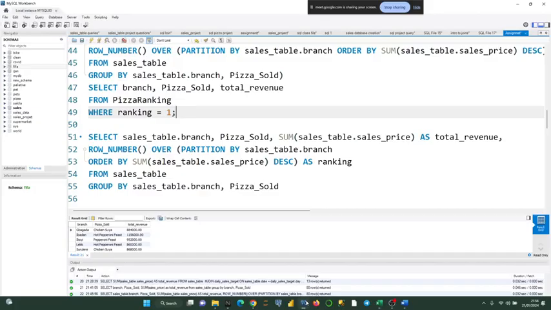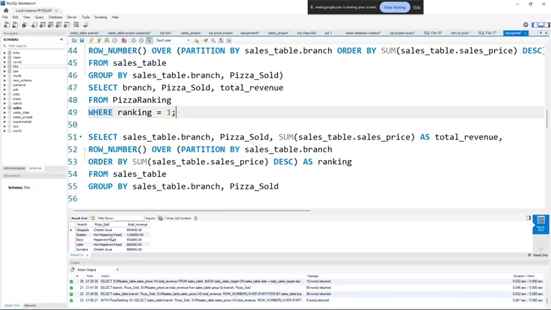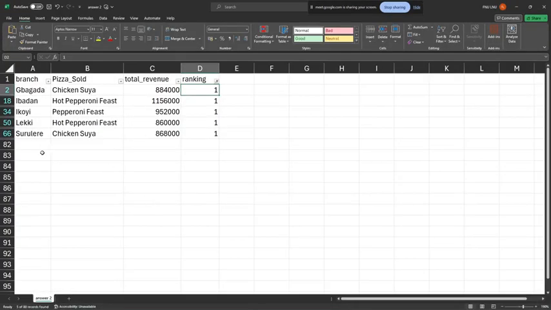If I go back to my Power BI, Ibadan hot pepperoni feast, Ikoyi is just pepperoni feast, Lekki is hot pepperoni feast, Surulere is chicken suya. So that is it.